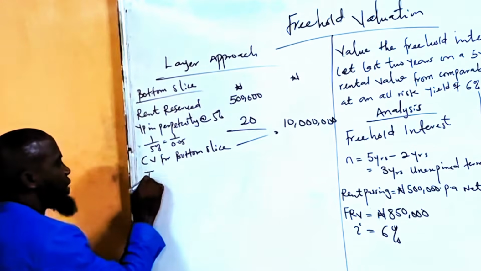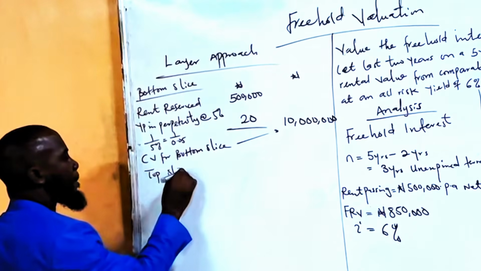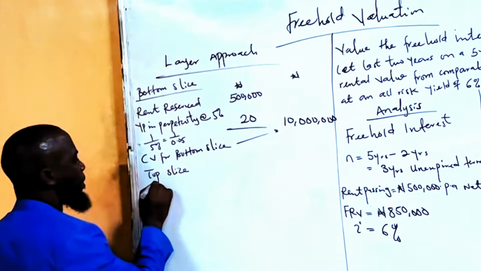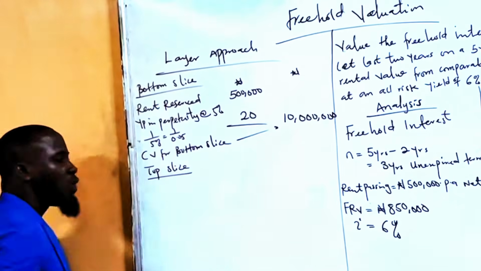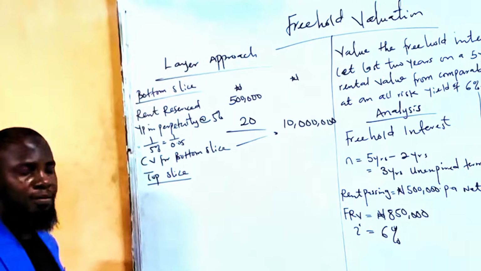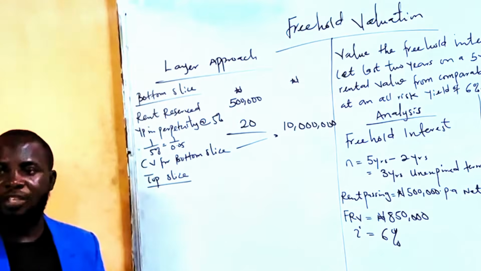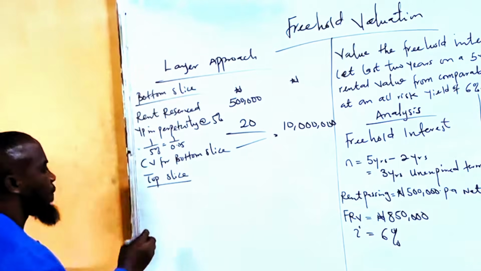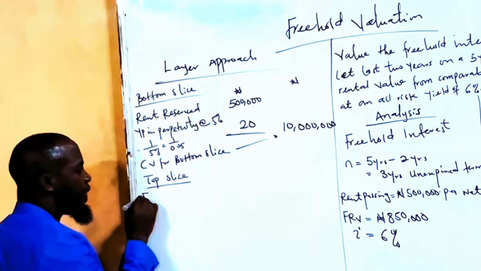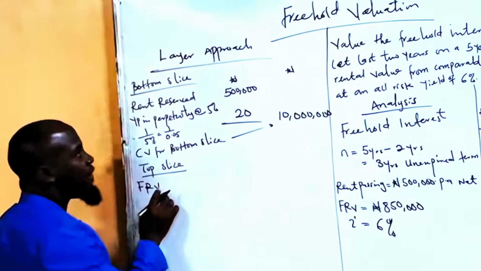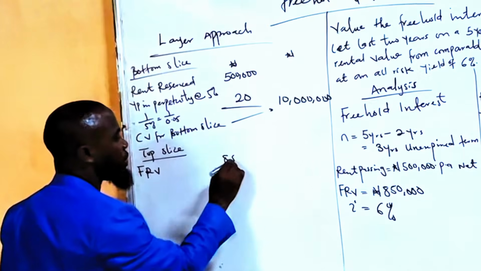Now the top slice. For our top slice, we need our incremental rent, same thing as our profit rent. So the full rental value, FRV, is 850,000.